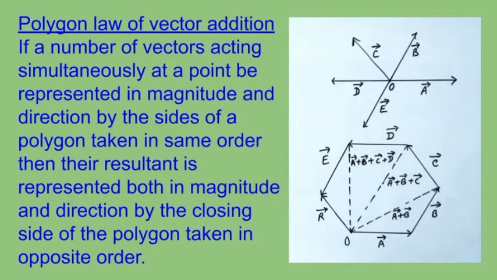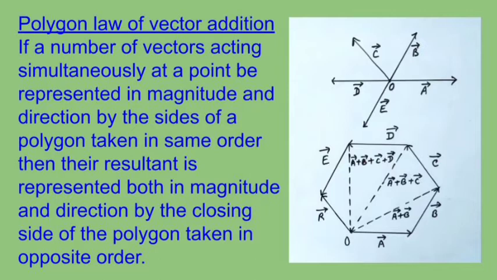The general law is the polygon law of vector addition. If a number of vectors acting simultaneously at a point are represented in magnitude and direction by the sides of a polygon taken in the same order, then their resultant is represented both in magnitude and direction by the closing side of the polygon taken in opposite order.